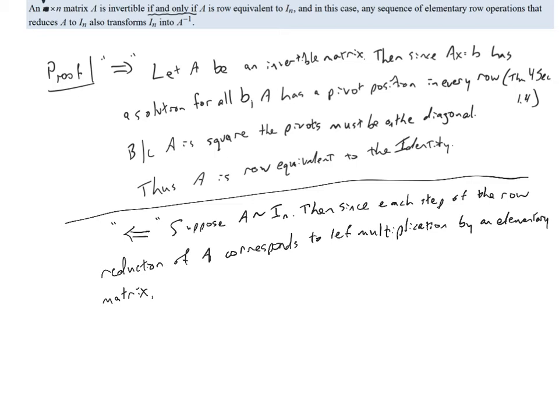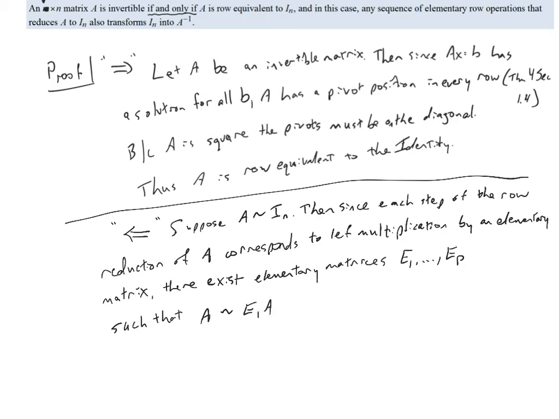Then there exist elementary matrices E1 through Ep. E1, E2, E3, E4, etc. Oops, that should be a capital E. Let me fix that. E1 through Ep, such that A is row equivalent to E1 times A, right?